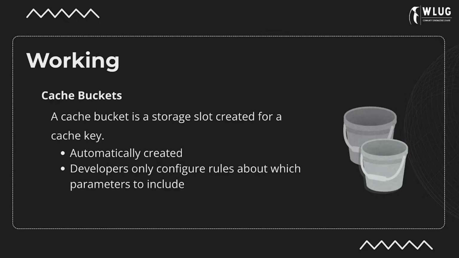Even though it's dynamic and is going to be changing quite a lot. So now it's important to note that these cache buckets are going to be automatically created by the CDN, and your developers only need to configure rules about which parameters to include or not include in the cache key.